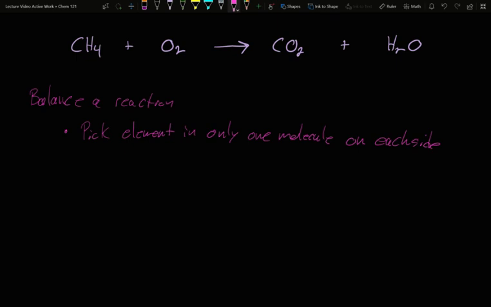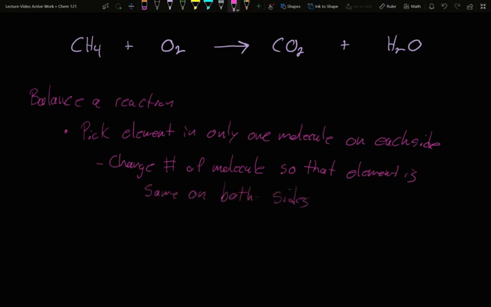So we'll say, all right, second step, change the number of the molecule so that element is same on both sides. What that means is, let's assume we have 1 methane.